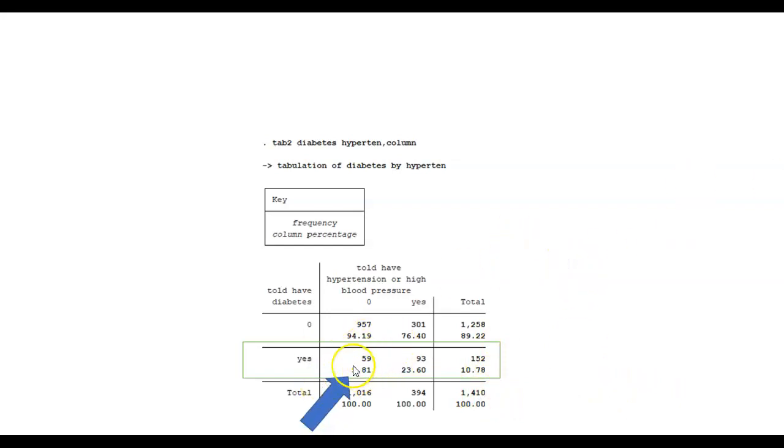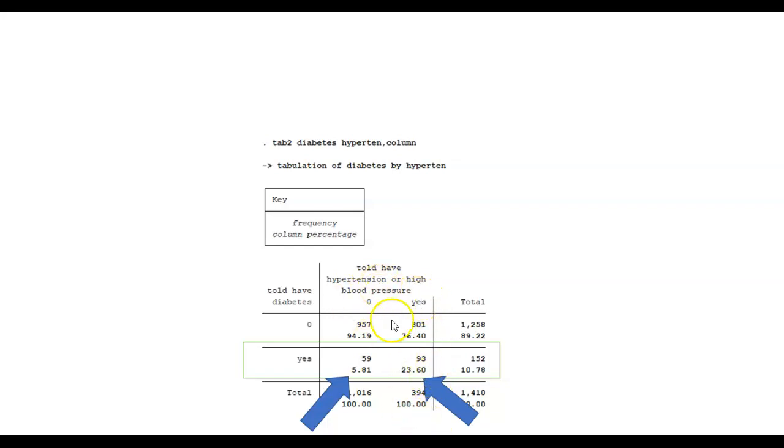Here we have people that are told that they have diabetes but not told that they have high blood pressure, and over here people that are told that they have diabetes and also told that they have high blood pressure. If you look at the percentage of people told they have diabetes or told they have high blood pressure, we can look at the differences. 23% of people who have diabetes were also told that they have high blood pressure.